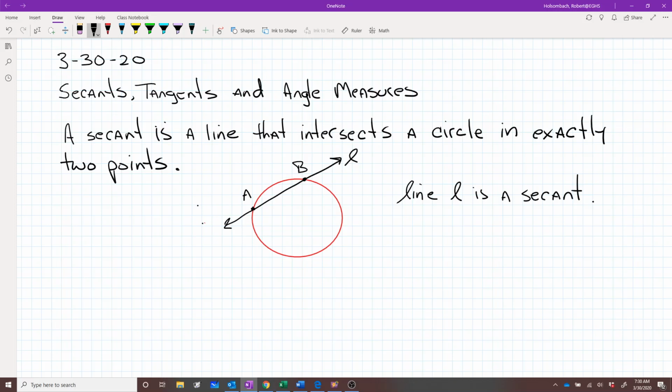And here is our first rule regarding secants.